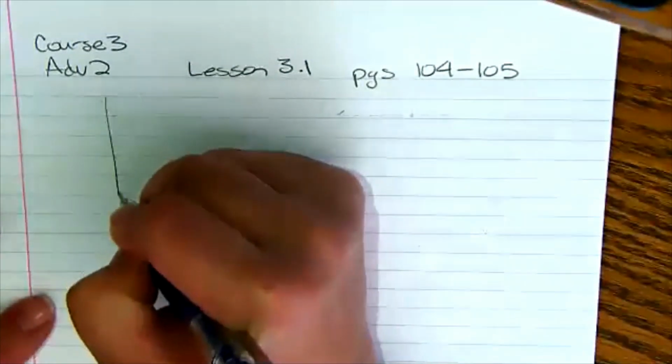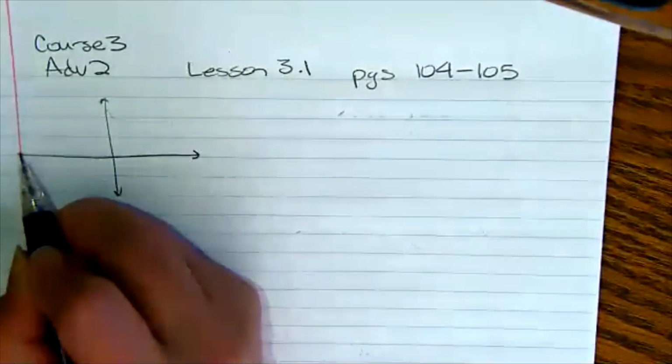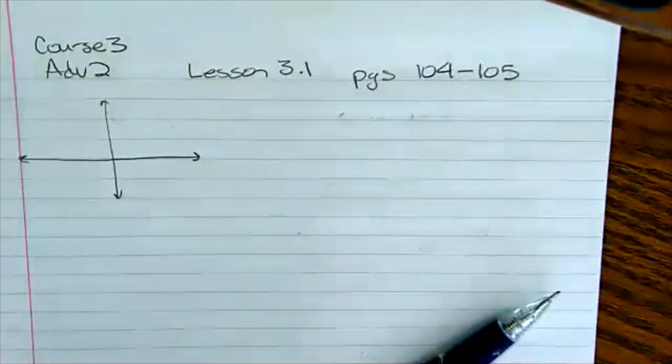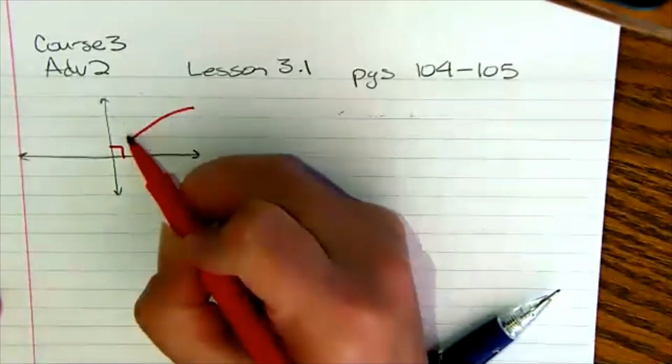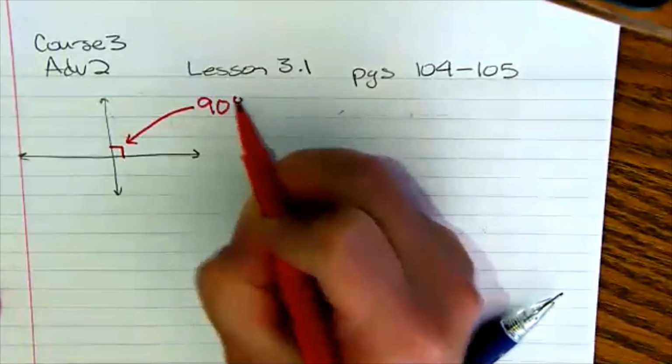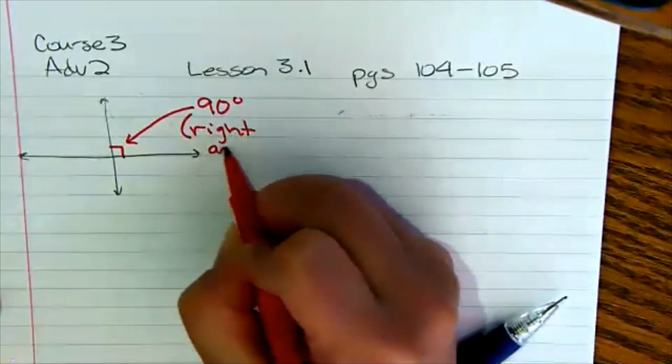So let's do just a quick review. When you see this little box, it means that that angle is 90 degrees or a right angle.